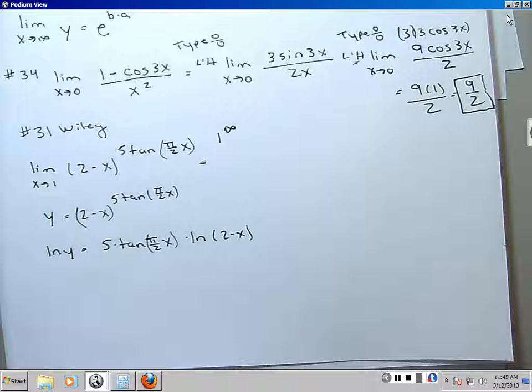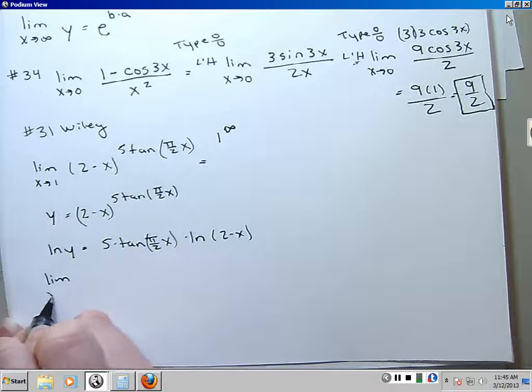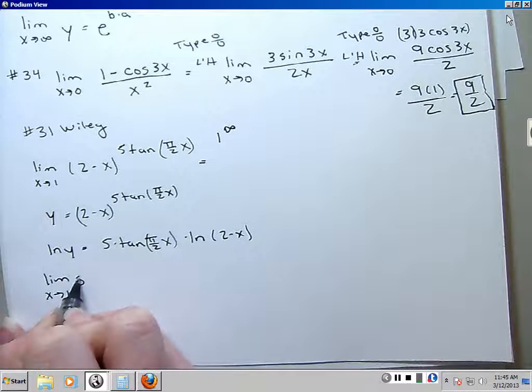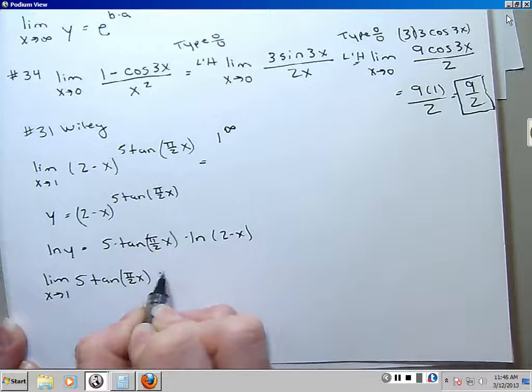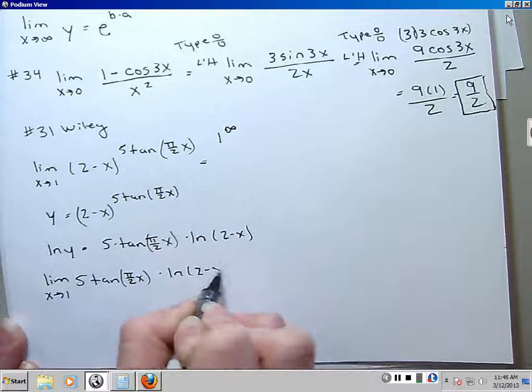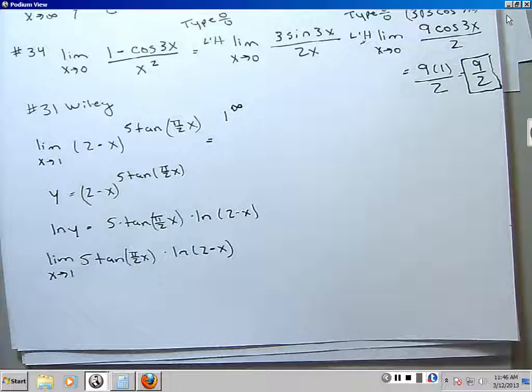So now, when I get this in this form, I need to carry the limit as x goes to 1 of 5 tangent of pi over 2x times ln of 2 minus x. So here, tangent of pi over 2 goes to infinity, and ln of 1 goes to 0.